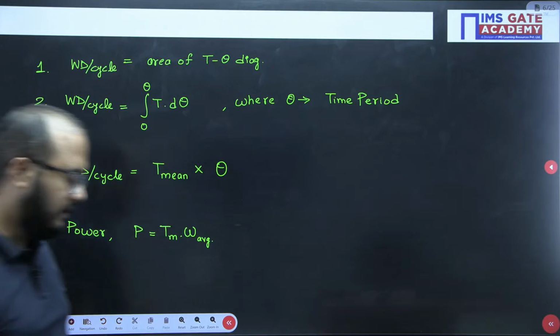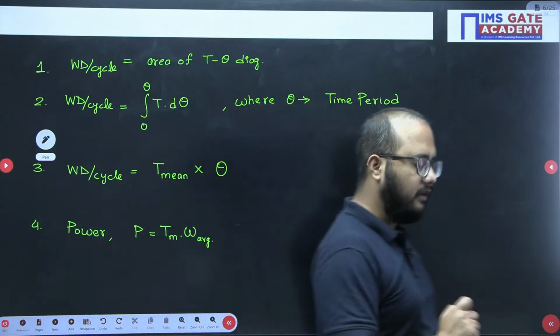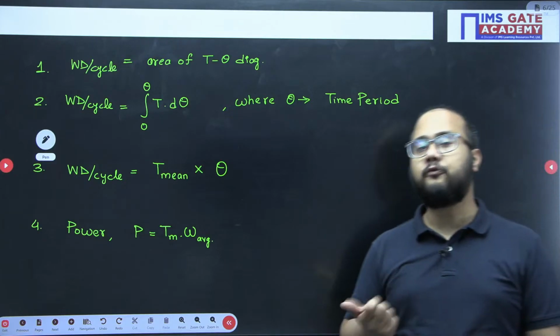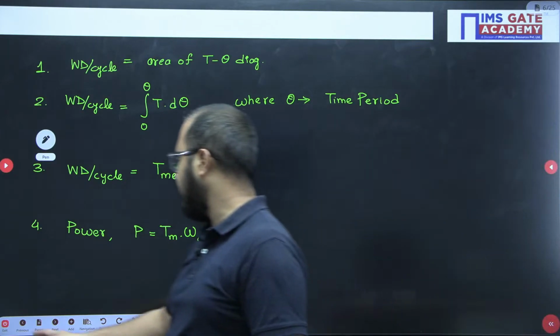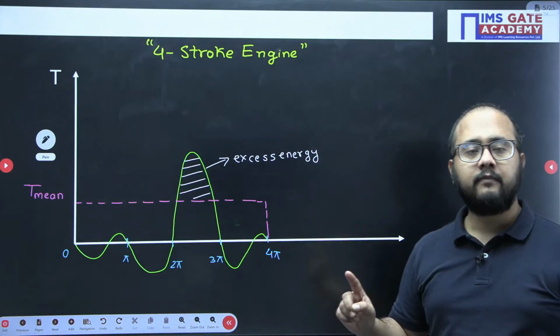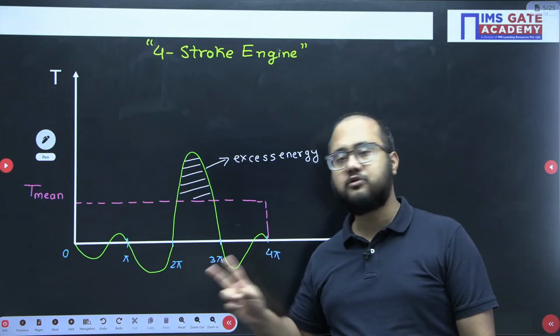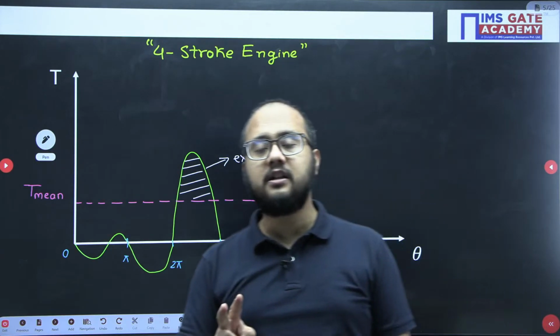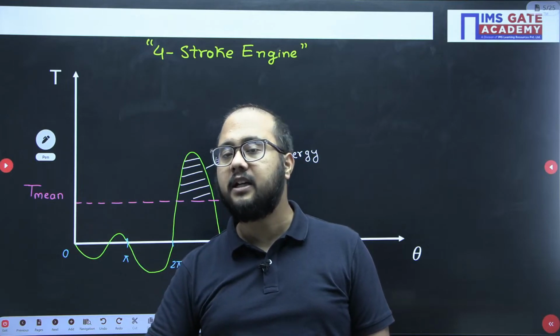Okay, great, superb. So for 4-stroke, you need to understand, the time period will be 4 pi. As you can see in the cycle diagram here, after 4 pi the cycle is going to repeat, because in the 4-stroke 2 revolutions will be there. So time period is 4 pi. For a 2-stroke engine, what will be the time period? 2 pi.